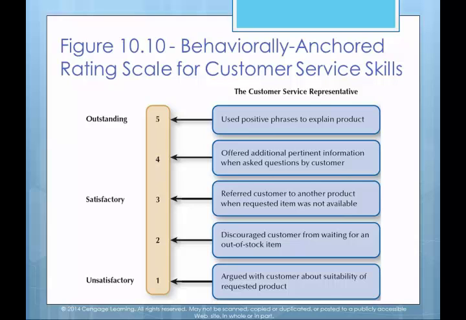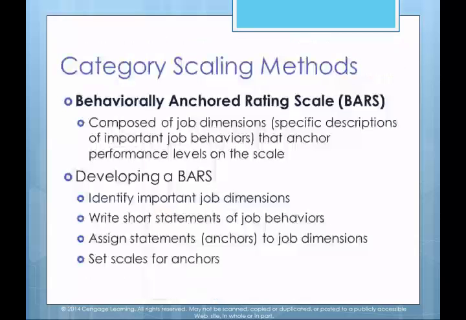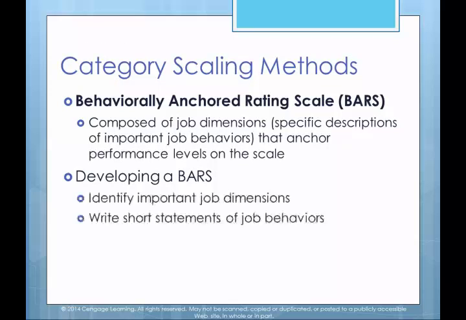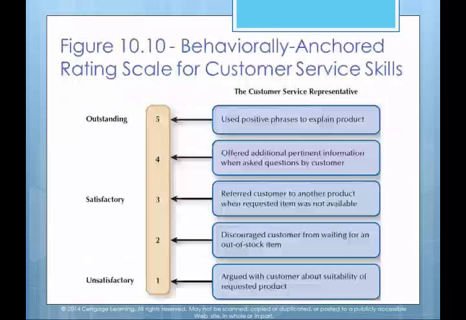So it's directly related to customer service skills, as opposed to, as I go back here, just outstanding, exceeds, meets, below. It really defines what it takes to get a 5 and a 4 or a 3.